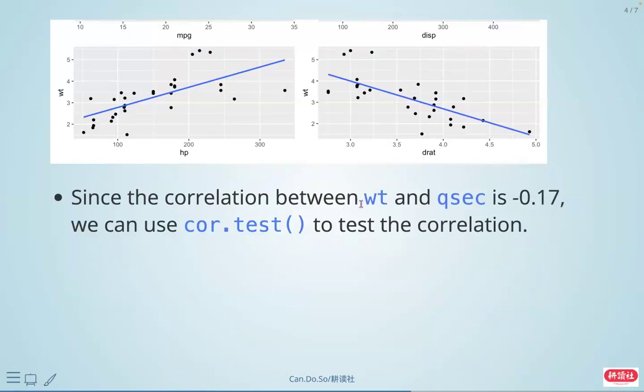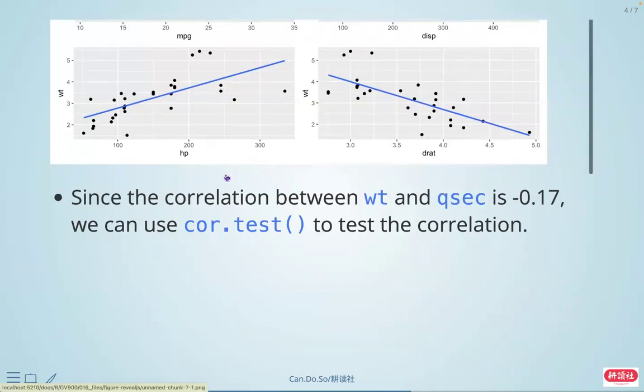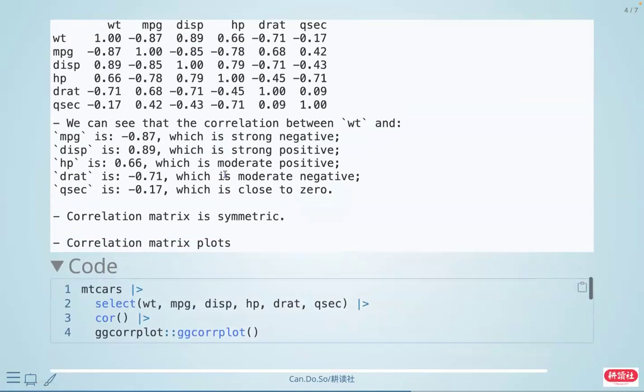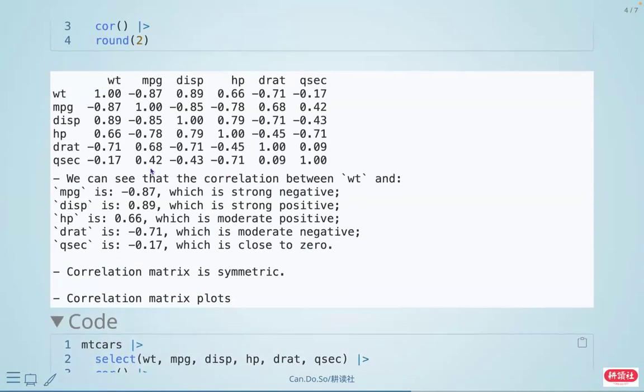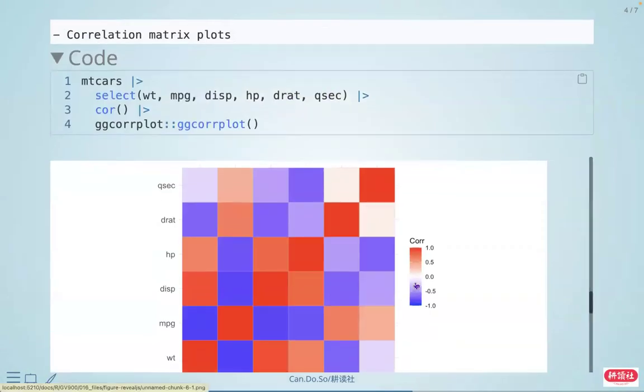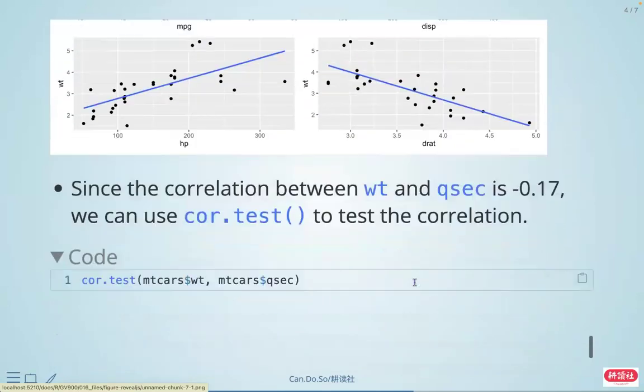Since the correlation between WT and Q-seq is minus 0.17, we can see that it's close to zero. So we can test if it's correlated.